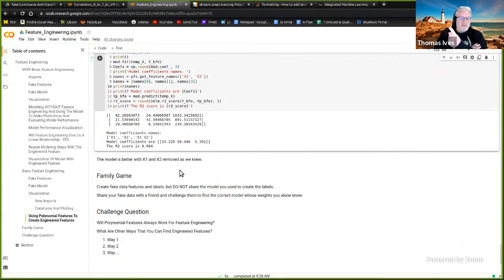We might already know that, but we might want to test it again at this point. Should I use interactive terms only? Should I use the original features and the engineered features, or just the engineered features? These are all things we have to test, but we now have an adequate tool set to do that. So we're literally just throwing polynomial features at this in the hope of finding greater accuracy. So you have to explore and experiment a lot.